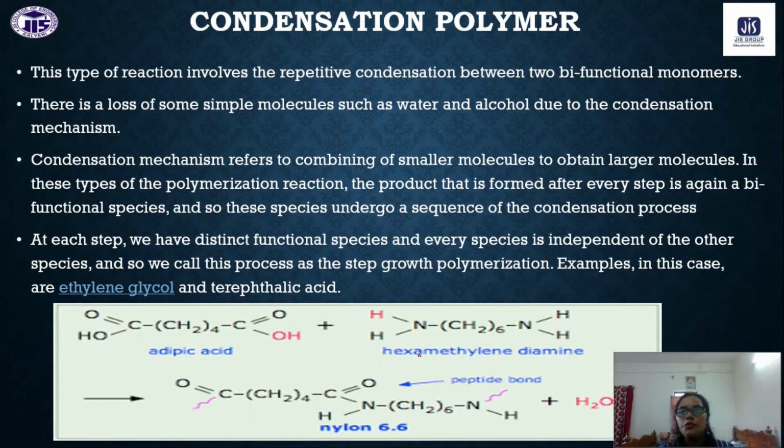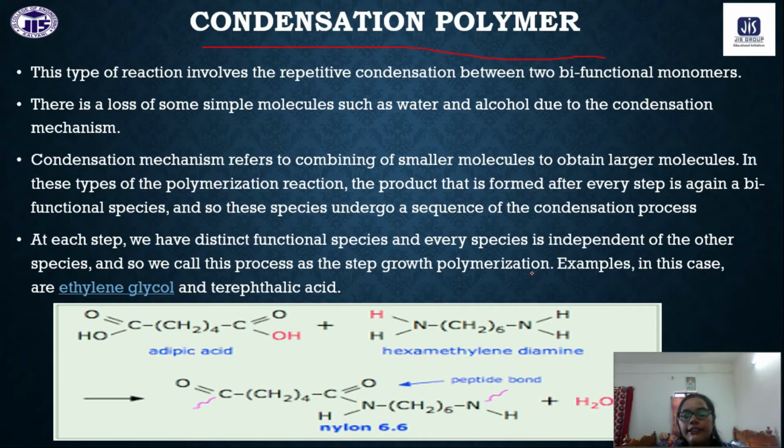Next we will move to the next topic, that is the condensation polymer. Now generally what will happen for these condensation polymers, in the polymerization reaction, obviously some of the molecules will be eliminated during the reaction. If you see the reaction mechanism, you can understand either a water molecule will be evaporated or an acid molecule will be generated.